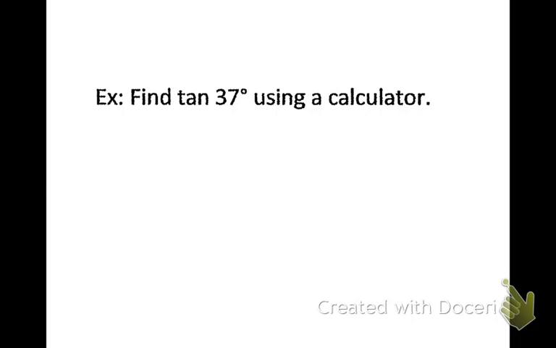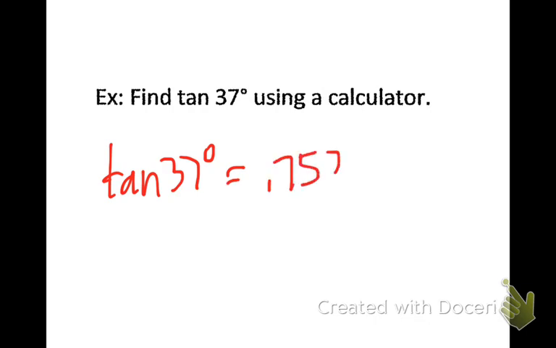And we'll see what answer you get. And if you didn't get that answer, I'll come look at your calculator, see what you did wrong. So for the tan of 37 degrees, you should have gotten 0.7536. Did everybody get that? You didn't get that?